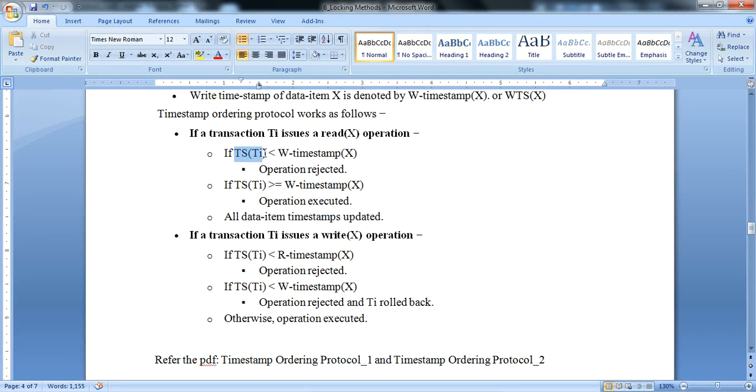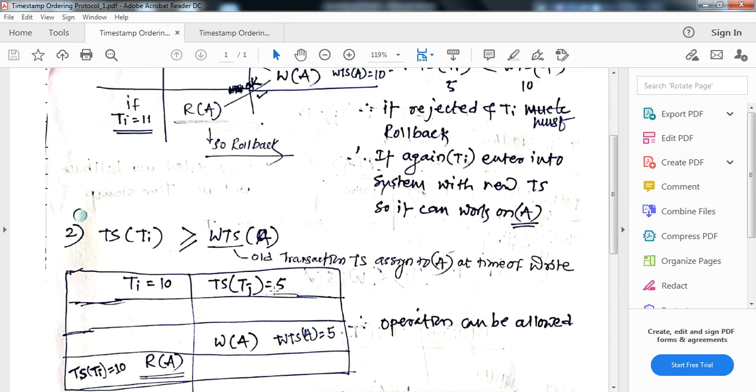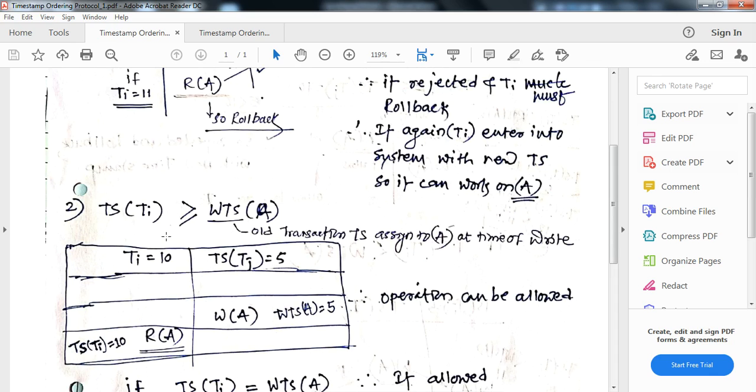It is allowed when the timestamp of the transaction is greater than the write timestamp of the data value, right? This is the actual condition, and then the operation is executed. Now the next example: if the transaction timestamp is greater than the write timestamp of the data item, then it is allowed.